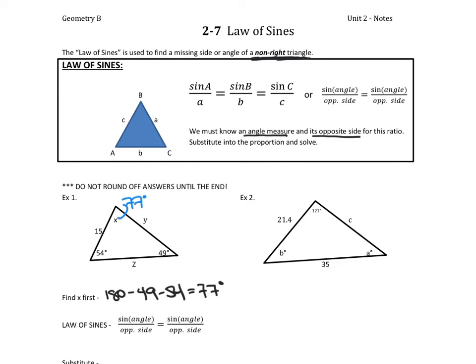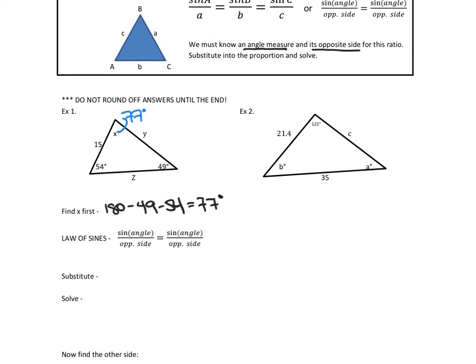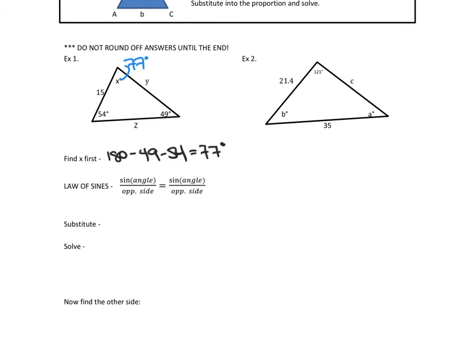Now to find either y or z, we are going to set up the ratio or the proportion with the sine of 49 degrees and 15 because it's an angle and its opposite side. And then we can do y first. So sine of 54 degrees over y.